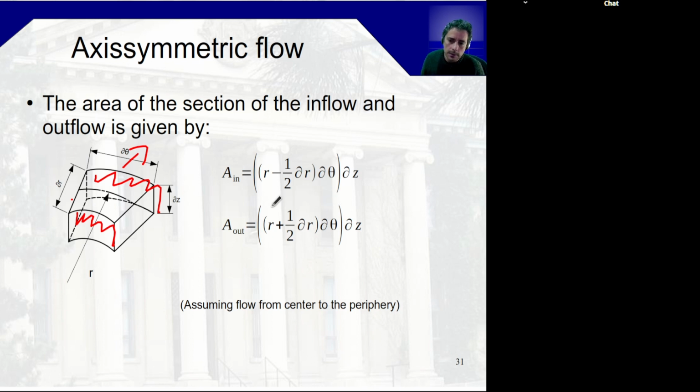Okay, so that's just the area on the inside and on the outside. Okay? And it's important because to get the same volume of water coming in as going out, because the area closer to the center of symmetry is smaller than outside, that means that you need a higher flux, a higher Darcy flux Qx coming in compared to going out for no storage.